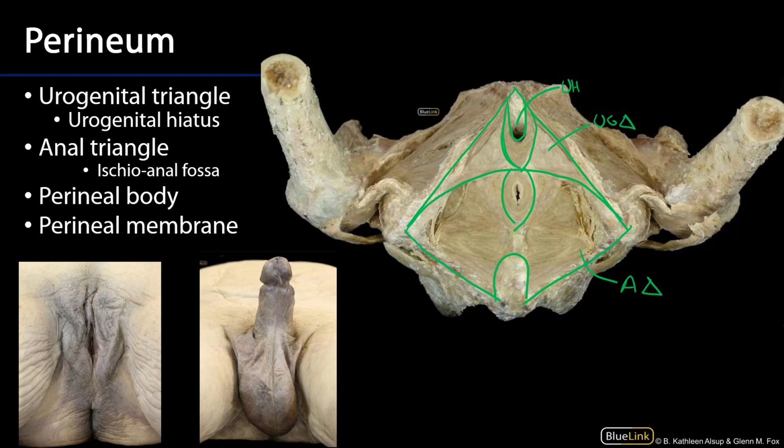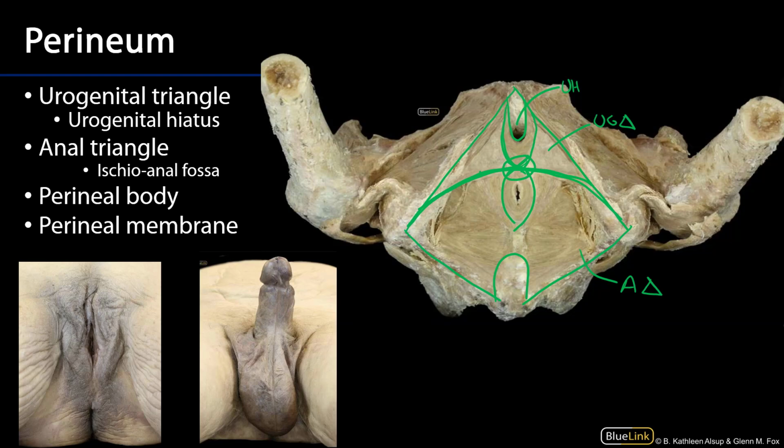And it's where fibers of that external anal sphincter and bulbospongiosus muscle, as well as the transverse perineal muscles, are going to come together in that musculotendinous intersection, which is known as the perineal body. That perineal body is a site of central support that is common between the urogenital and anal triangles.